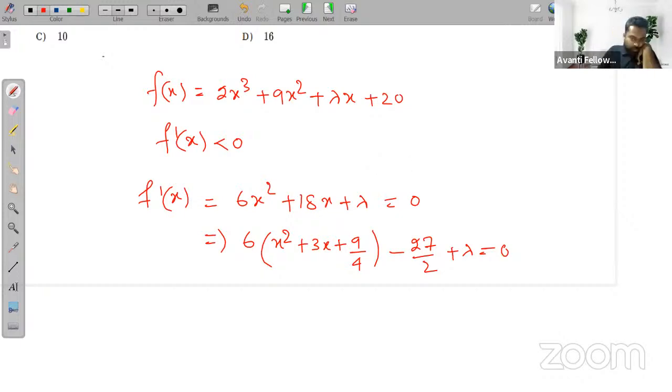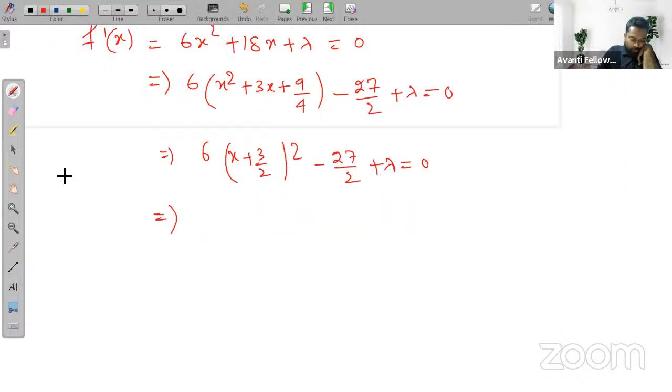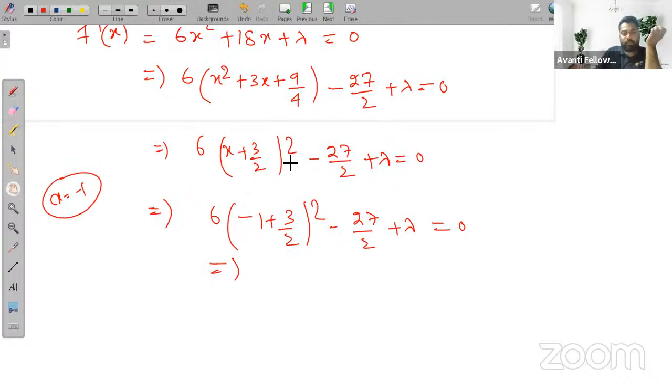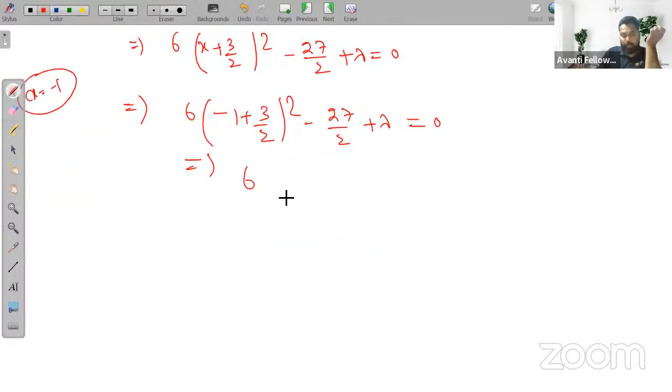That is, it will become x at x is equal to -1. If you put x is equal to -1, this becomes -1 plus 3 by 2 square minus 27 by 2 plus lambda is equal to 0. Then this becomes 6 into -2 plus 1 by 2 square, that is 1 by 4 minus 27 by 2 plus lambda is equal to 0.